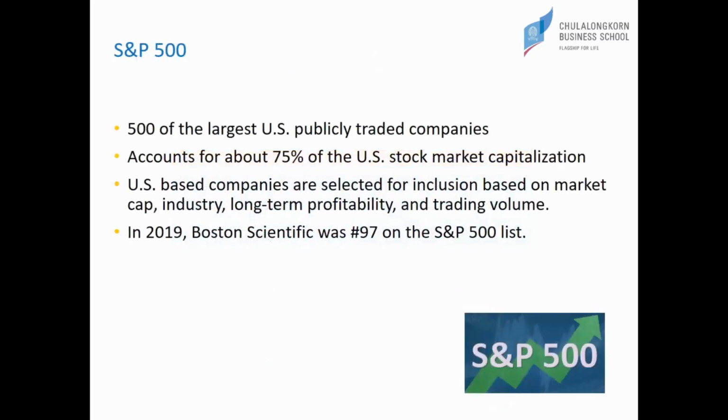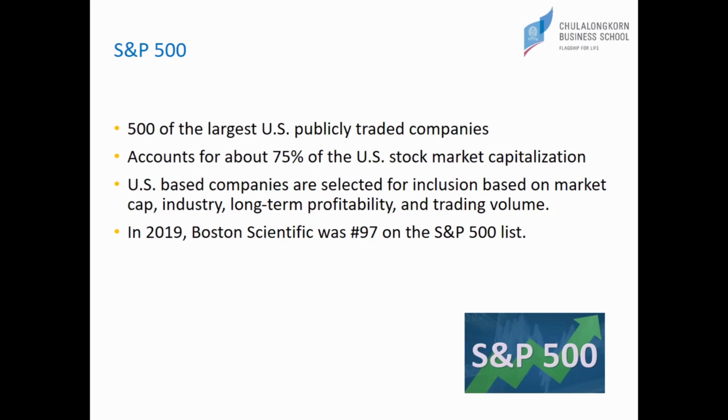You probably know what the S&P 500 is, but just to let you know, the S&P 500 is the 500 of the largest U.S. publicly traded companies, so the listed companies. And these 500 companies together make up about 75% of the entire U.S. stock market cap. So it's very big companies. These 500 companies are selected based on market cap, industry, whether they were profitable long term, and also the trading volume.